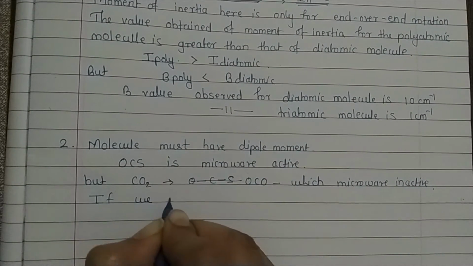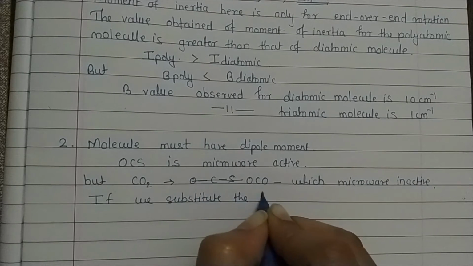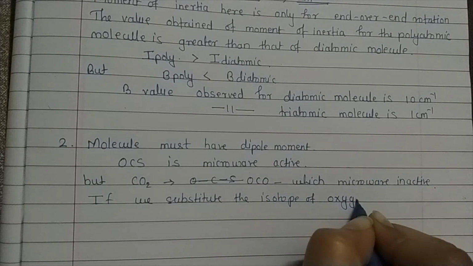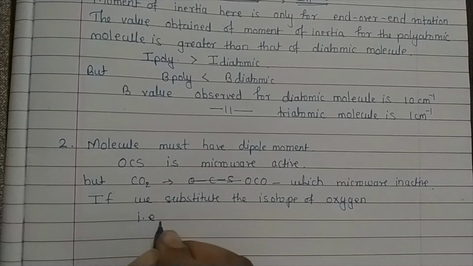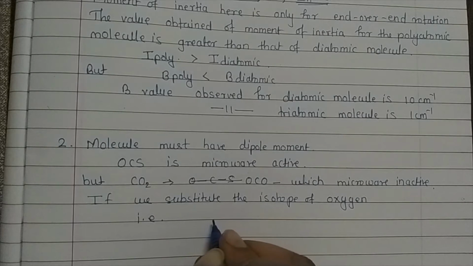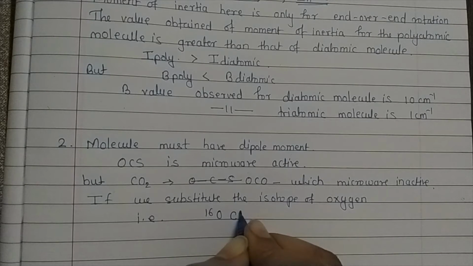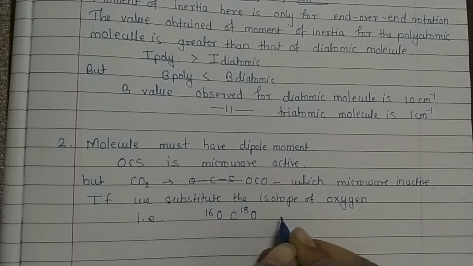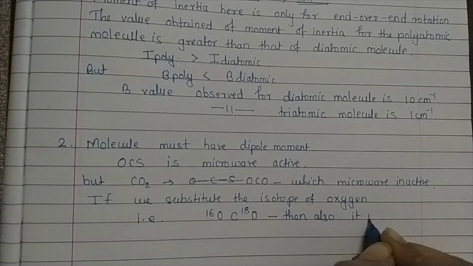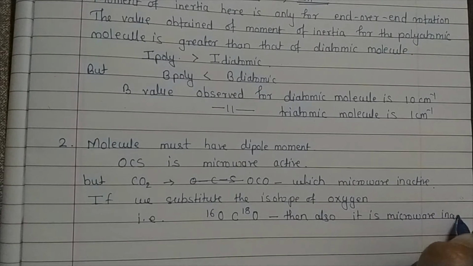So if we substitute the isotope of oxygen, that is O16, C and O18, then also it is microwave inactive.